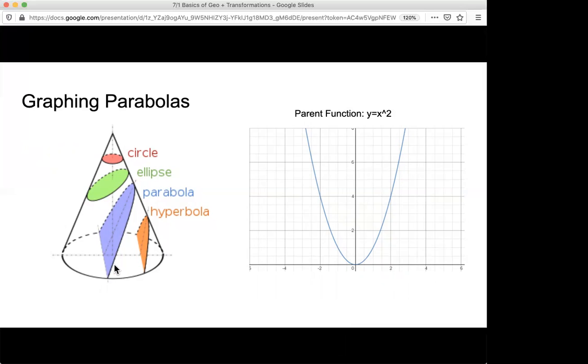So if you have a cone, you could slice it at different angles to make 4 different shapes. First, it's called a circle. So I guess most of you would know about circles. And then you have ellipses that you would do in pre-calc. And parabolas. Parabolas are symmetrical, meaning that they have a line in the center called the axis of symmetry that is the central line.